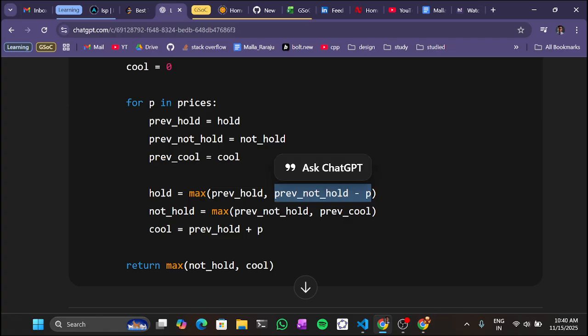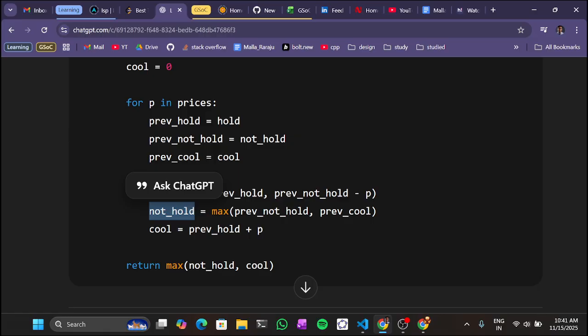If we have to hold anything, then either you are already holding something, or you are not holding something and you are buying something at the current price, which is minus p. And the not holding part goes like this.